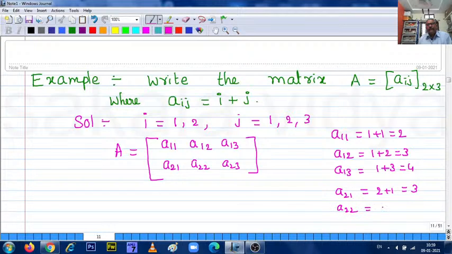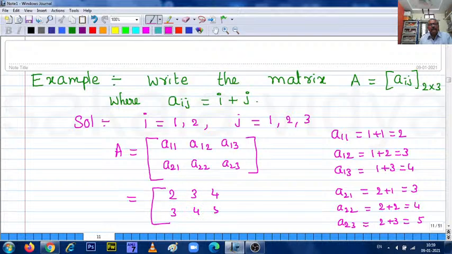A22, 2 plus 2, 4. A23, 2 plus 3, 5. So substitute. Therefore, this equals to, we get like this. 2, 3, 4, 3, 4, 5. This is 2 by 3 matrix.